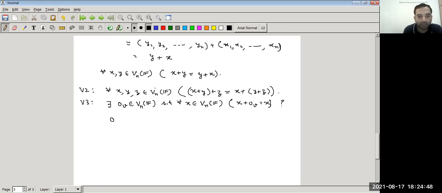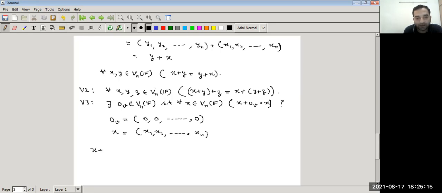So 0_V is the n-tuple of 0 elements, 0, 0, 0 up to n times, right? And x is equal to x1, x2, ..., xn. Now this 0 belongs to the field, and this 0_V belongs to the vector space.